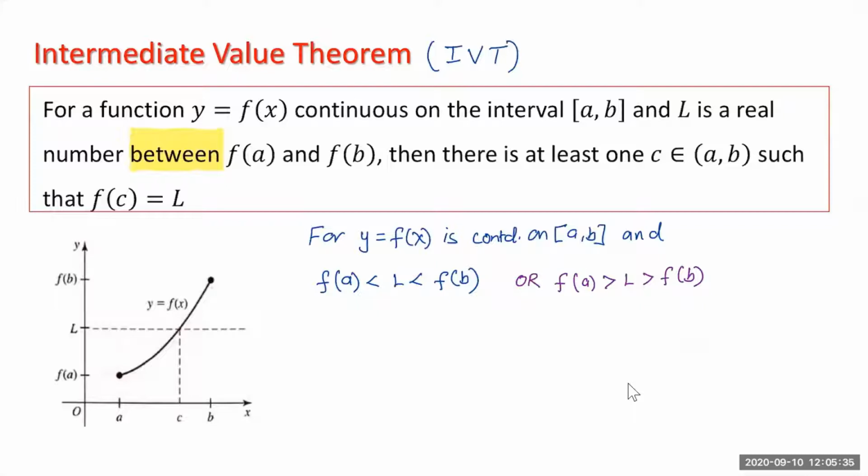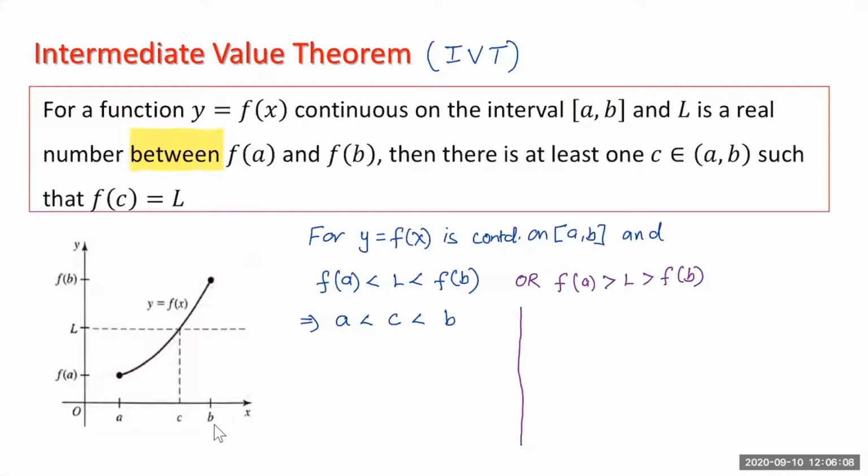So let's see, in each case, what do we get? For the first case, f of a is less than L is less than f of b. This is possible if there is a number C in between a and b, so we can write a is less than C is less than b.